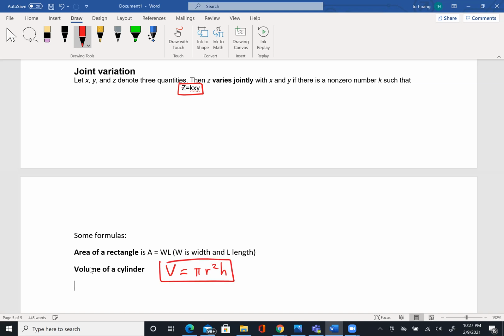In this case, the constant is pi, right?